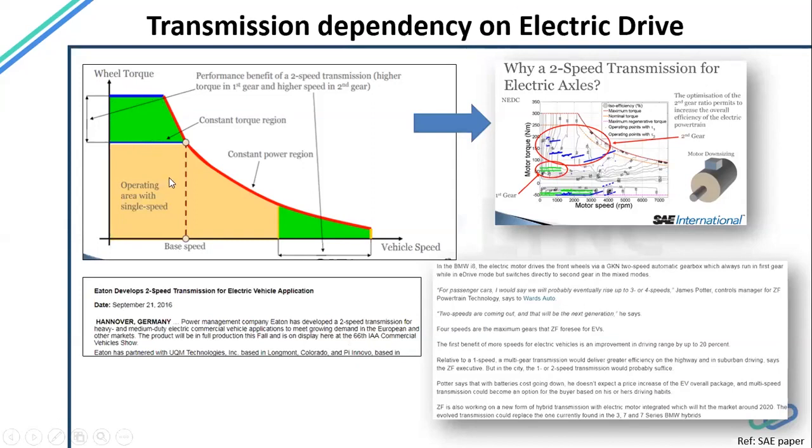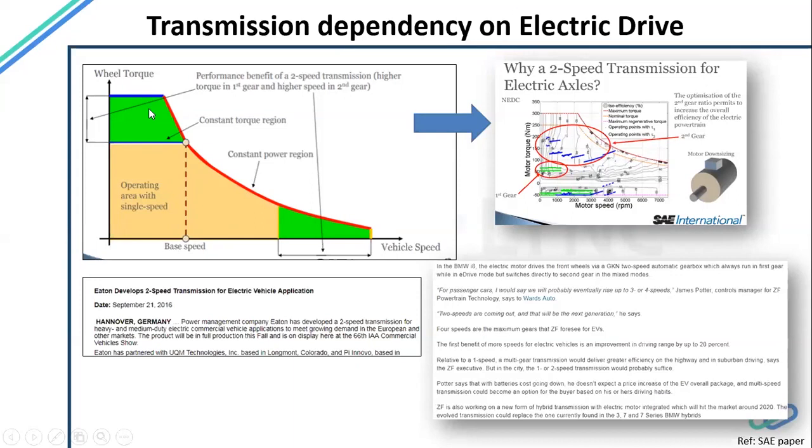Whereas if we have a single-speed transmission, maybe we can do only the orange part, but not the green part. And at high speed, the second-speed transmission gives a much higher benefit to increase the vehicle speed.